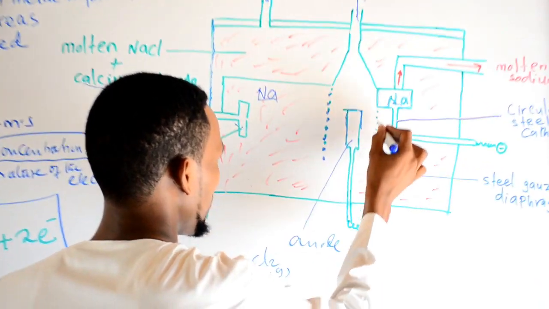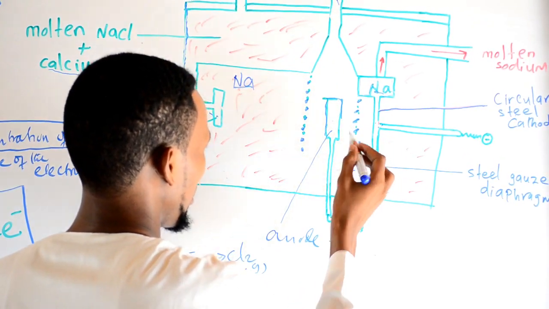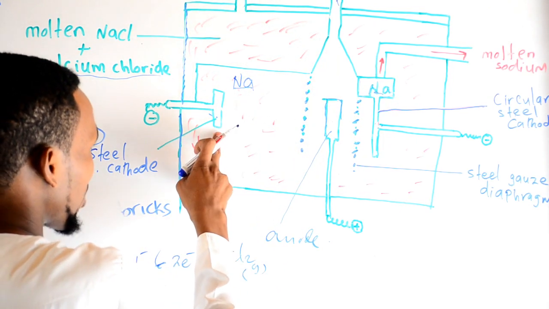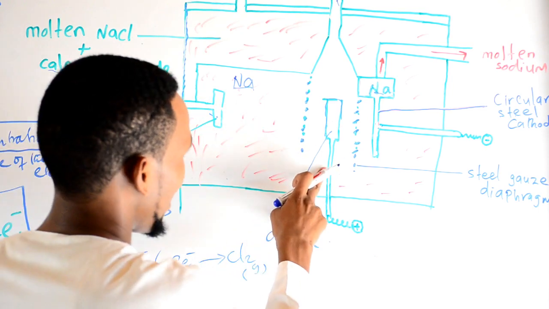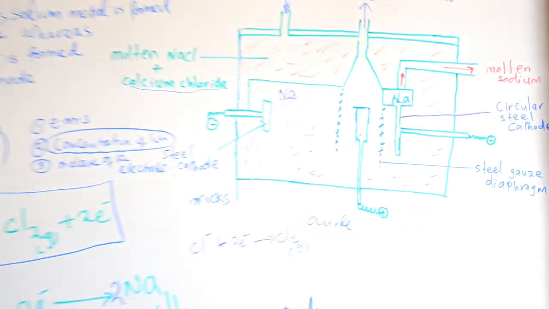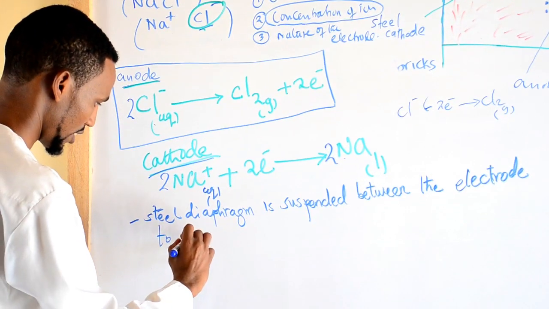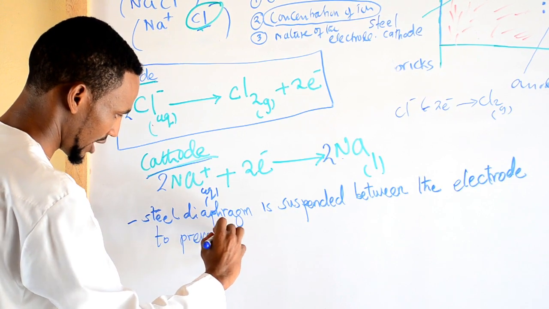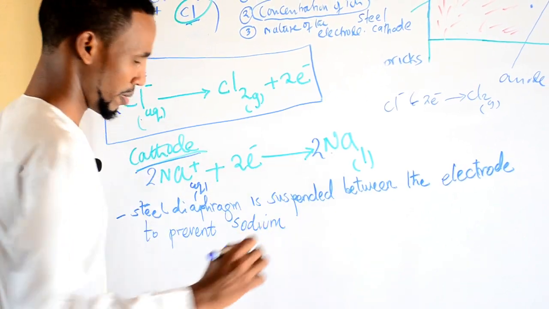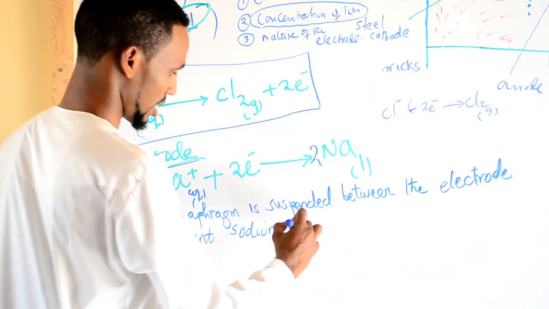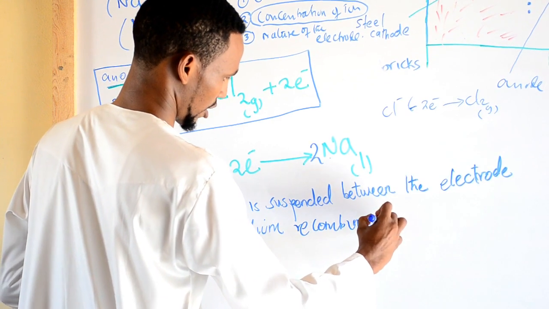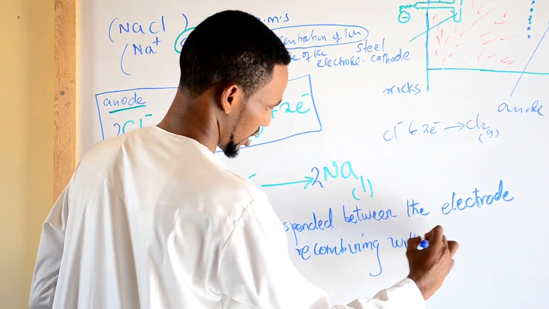So the steel diaphragm is suspended between the electrodes, that is the cathode and the anode. Why? Steel diaphragm is suspended between the electrodes to prevent sodium recombining with chlorine.